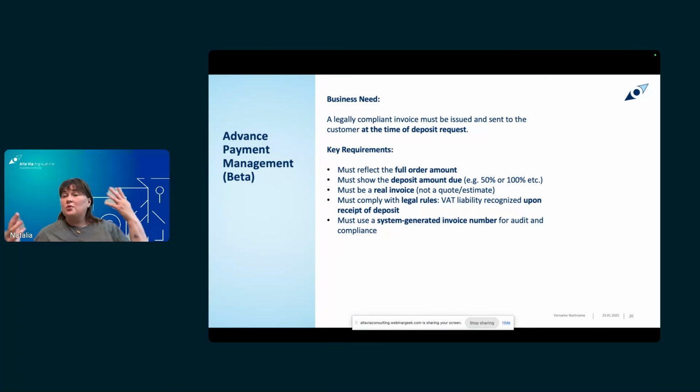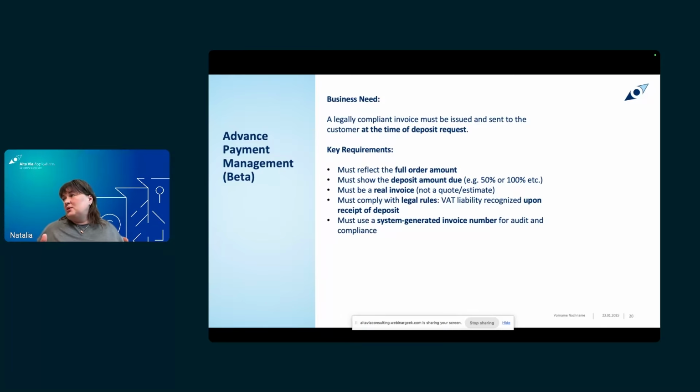It should show the full amount and then a part of a prepayment, and then a real invoice should be issued, not a quote, not an estimate. And what is more important, VAT liability should be recognized upon receipt of the deposit. And you need to have a system-generated invoice number, not some placeholder.